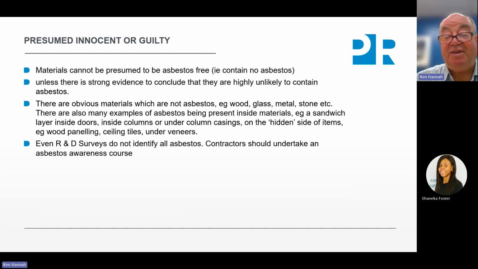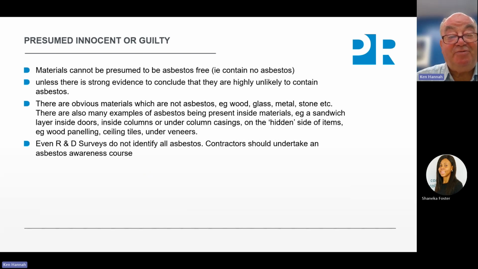So you can often find a board behind a boiler or an oven in a residential building, and it's there to prevent heat from breaking through and setting fire to the materials on the other side. So, e.g. wood paneling, ceiling tiles, and under veneers.